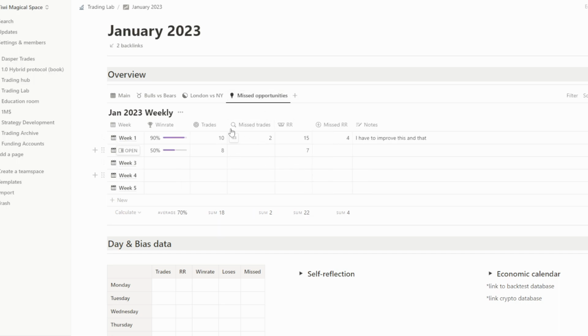And lastly, I also compare my weekly performance and the missed trades. So if I could increase my PNL a little bit, I want to know how much I'm missing and why I am missing that. So that's pretty much it.